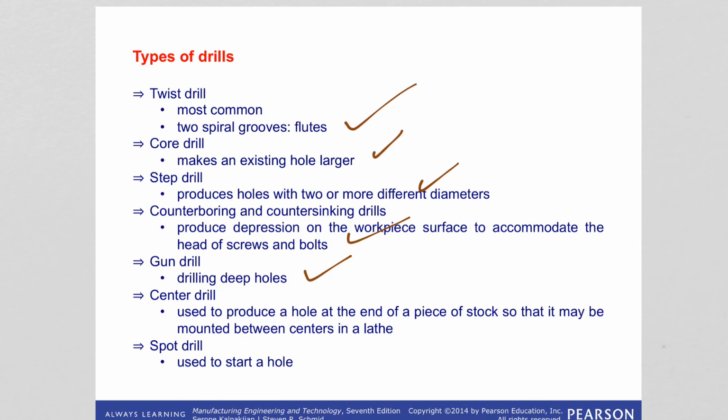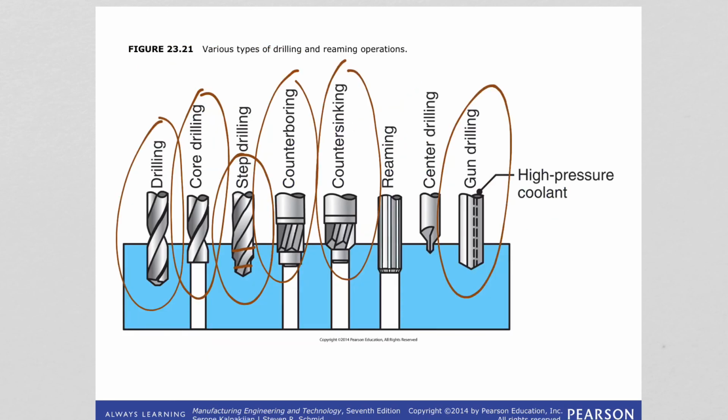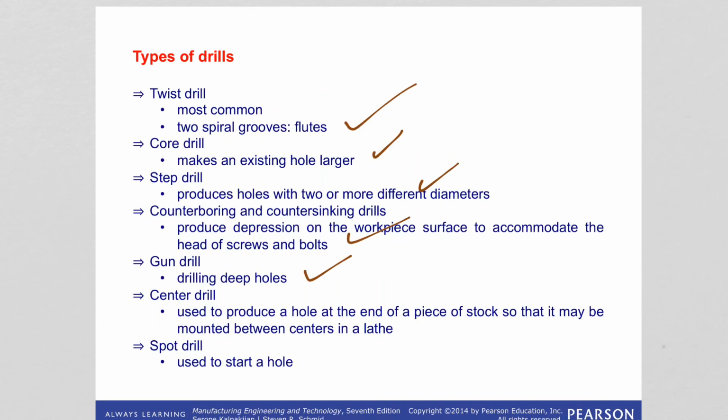And then center drilling, that is used to produce a hole at the end of a piece of stock so that it may be mounted between centers in a lathe. So you are seeing all of them have different purposes. And there is the spot drill that is used to start a hole at the desired location on a surface.